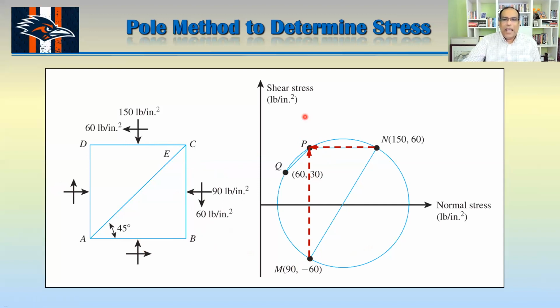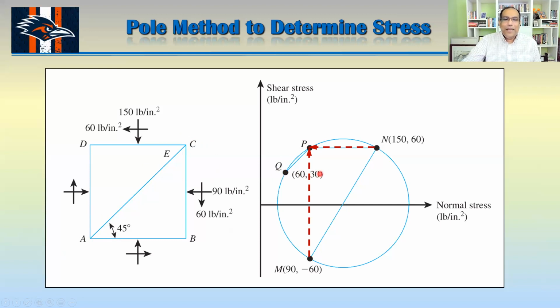Now, how can I find the stress on a particular plane AC? If I want to find the stress at AC, I have to draw a line from P which is parallel to this line AC. So PQ is parallel to AC here. This one touches this point here. So you can read from the graph that this point is 60, 30.